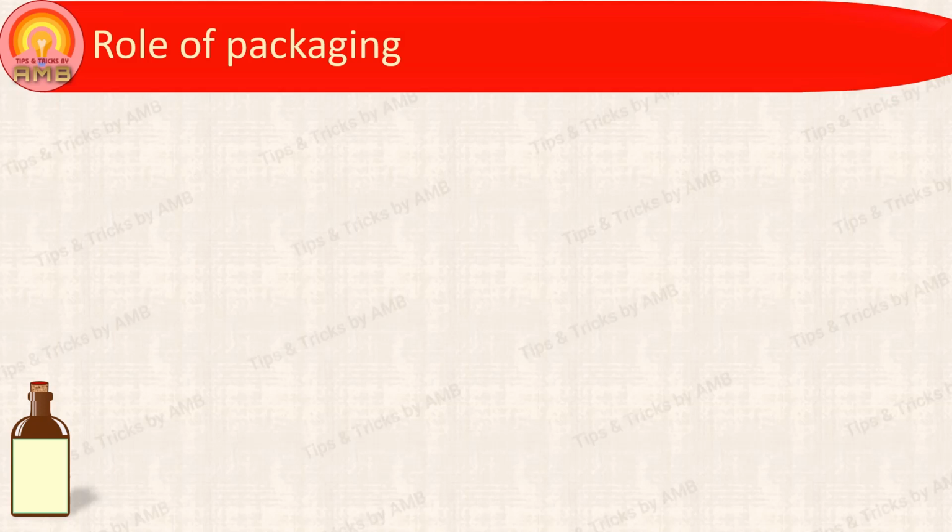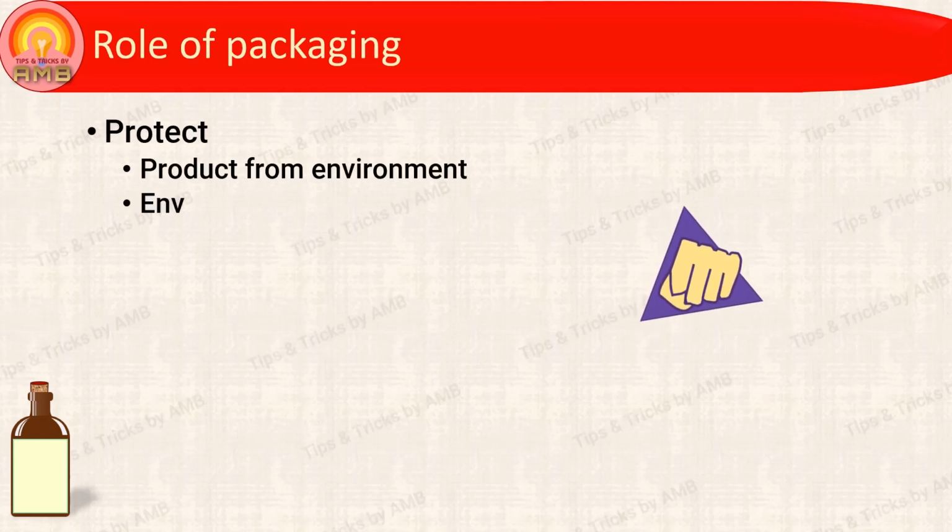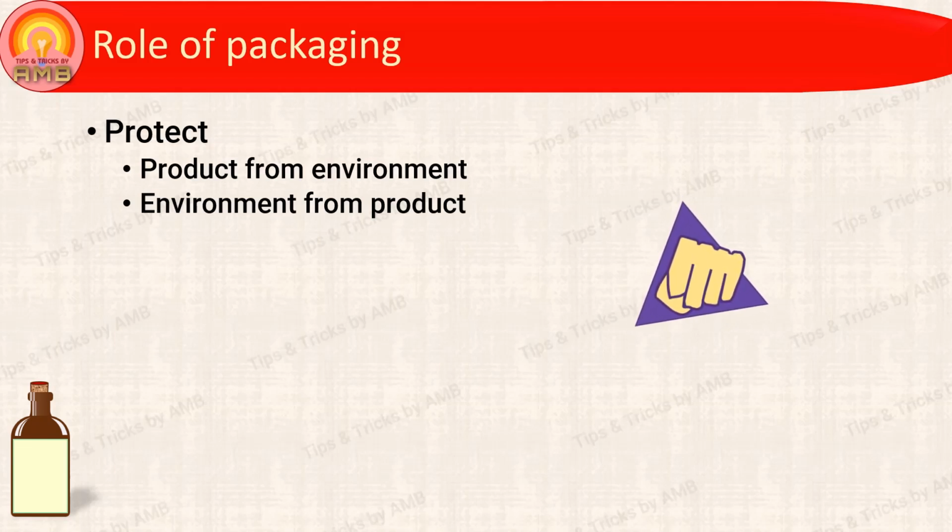Now let's discuss the role of packaging. The first role of packaging is protection. It protects the product from the environment and the environment from the product, vice versa.